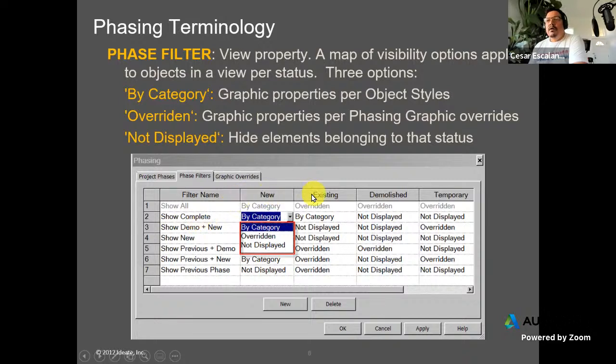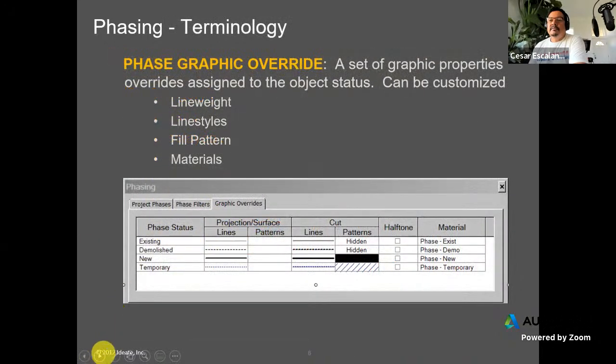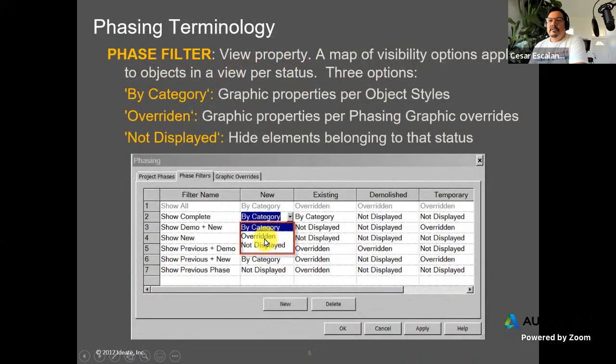And for all the different object statuses, you can create a combination of view graphics that will display those objects either by category, overridden, or not displayed. Overridden means apply these graphic overrides. And not displayed means do not show it.